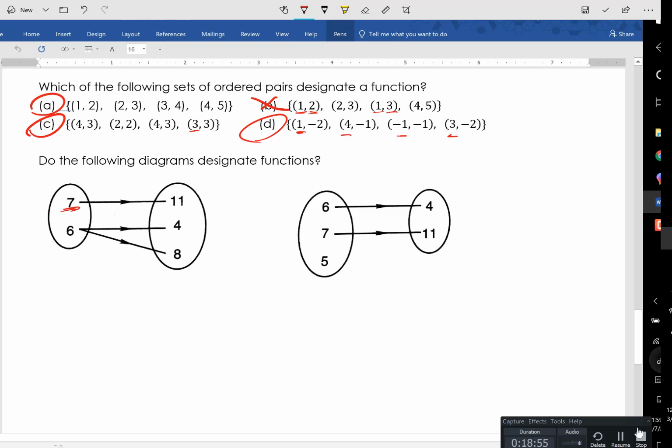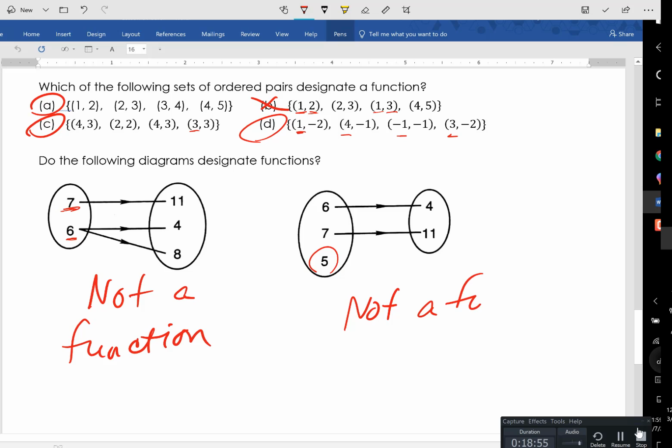That's good. 7 maps to exactly one member of the range, but 6 maps to 2 different members of the range. That's not okay, so not a function. Over here, this is not a function because 5 doesn't have anything matched to it. So it's not even a relation. It's not a function and not a relation.